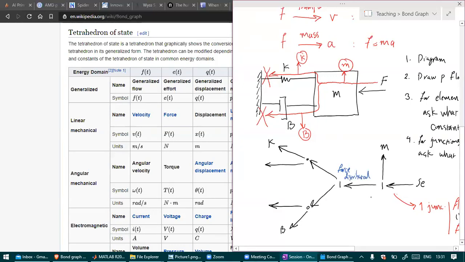Here we had velocity remained constant. Here we have force remained constant. And again, here we had force remained constant.